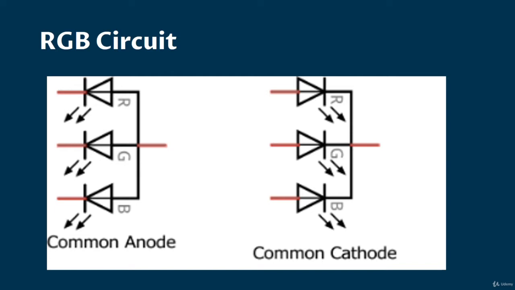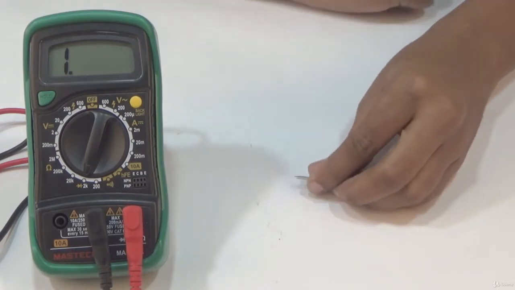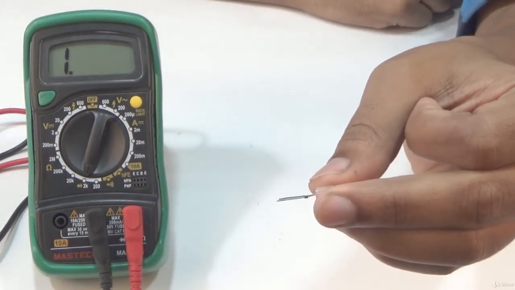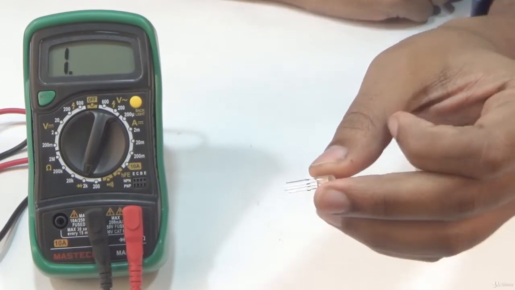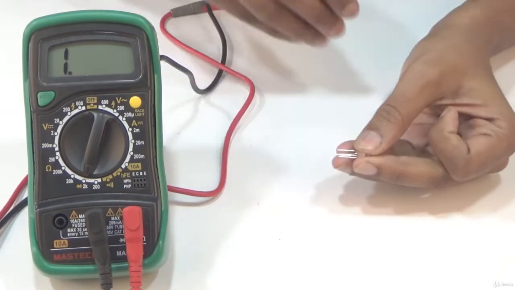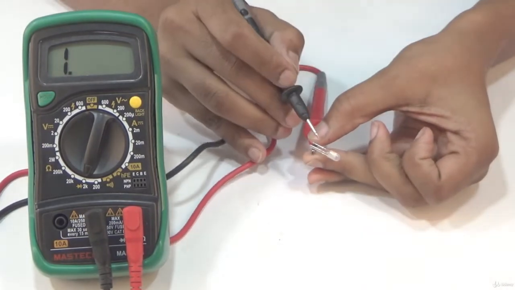Let me show you how to test a common anode RGB LED and a common cathode RGB LED using multimeter. I have here one multimeter, one RGB LED. This is common anode. See, look at the LED. The long pin is the common pin. So I'll separate this and I'll connect the positive terminal of multimeter.